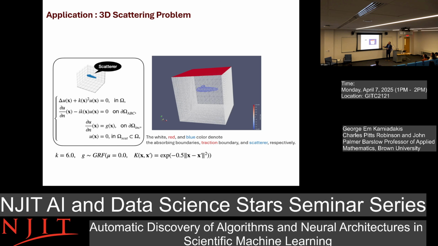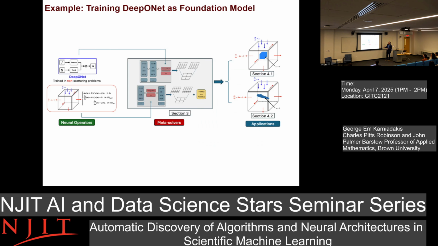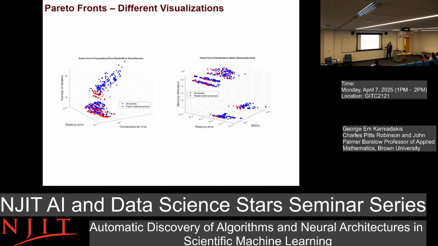But you train, as I said, on the box, and then you transfer it here. So this is what I said here. You train the neural operator on a clean box, and then you can transfer it to a domain that has a box, cube inside, or another scatterer, or a mine, or something, whatever you're really looking for. Okay, so here's some solutions.